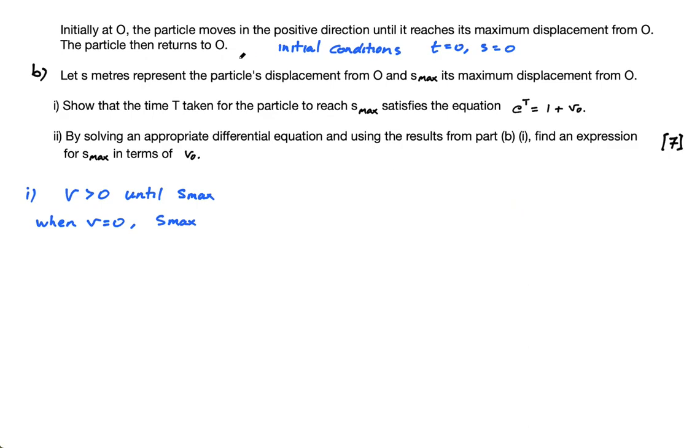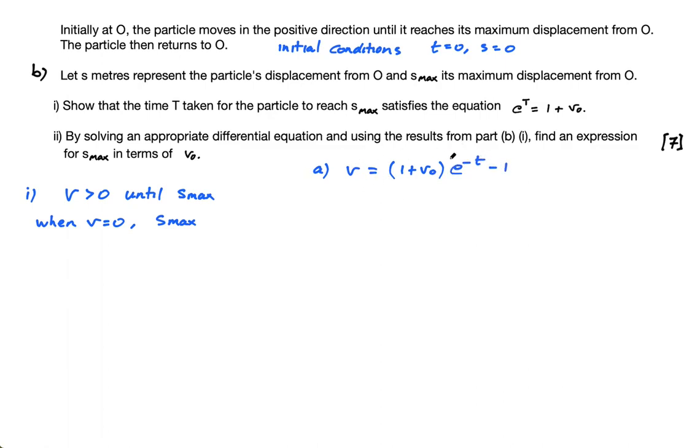So we're going to solve that equation that we have from part A. If you remember, guys, from part A we had V is equal to 1 plus V0 e to the negative t, minus 1.